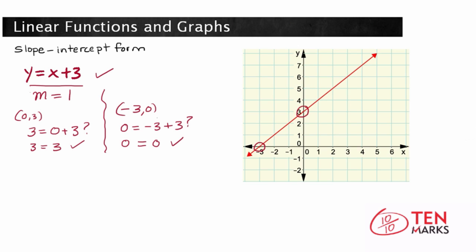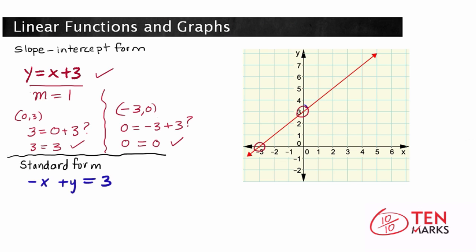Now this line, rewritten in standard form, is negative x plus y equals 3. This same graph represents this line as well. Again, we can check this by plugging these values into this equation and seeing if the equation is true.